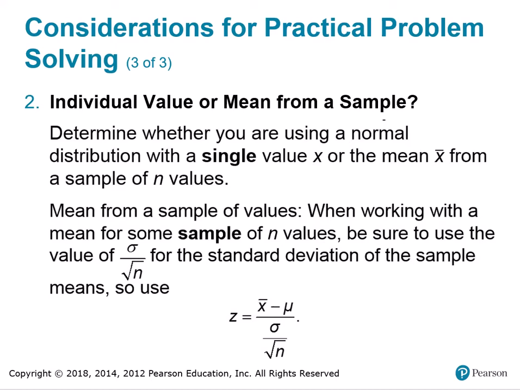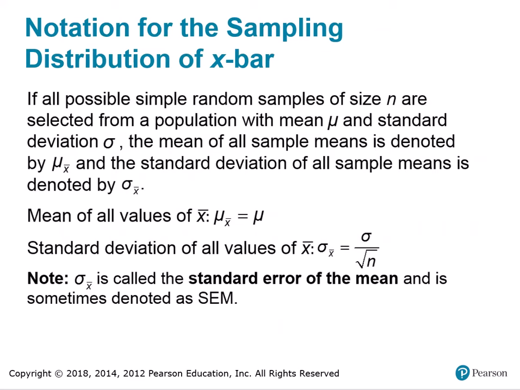That's how we're going to be able to tell that we're not doing the individual one, but we have to do the sample. Then we're going to use this formula and this formula over here. We do means of all values, we covered this, and this bottom part I called standard error of the mean. Guess what? Standard error of the mean.